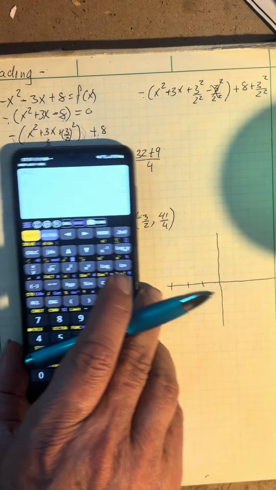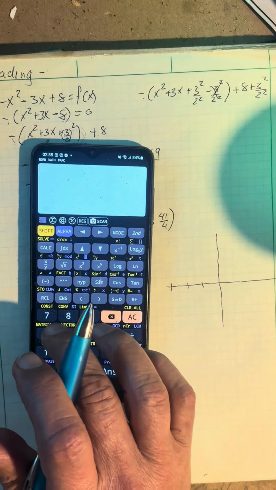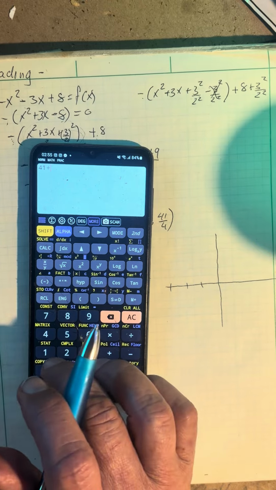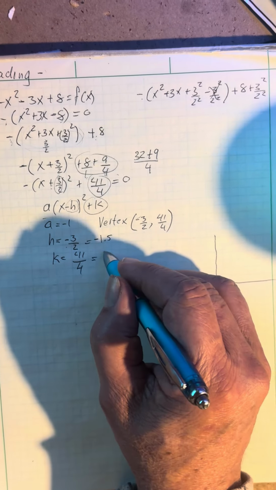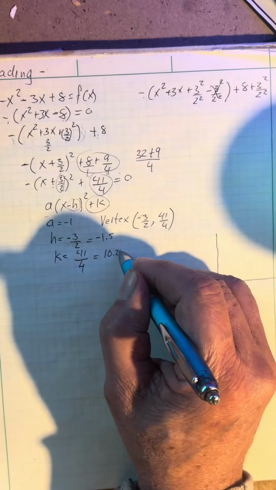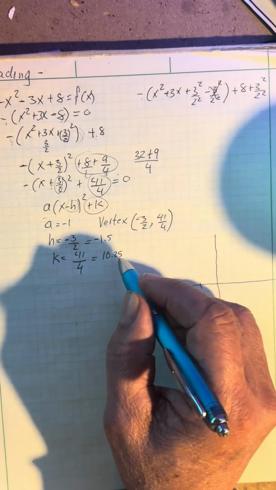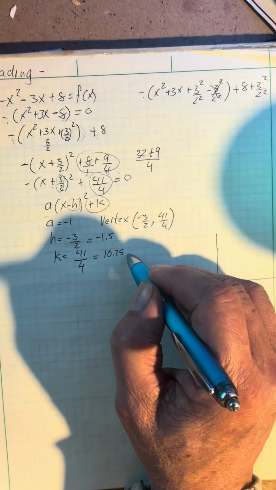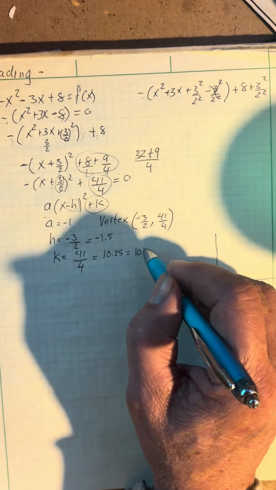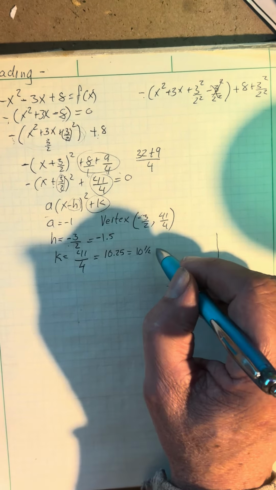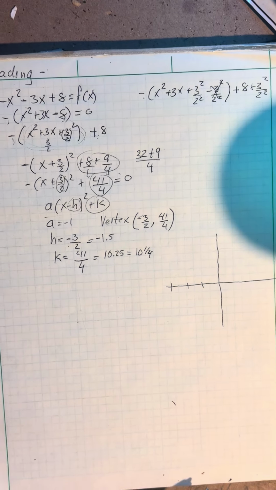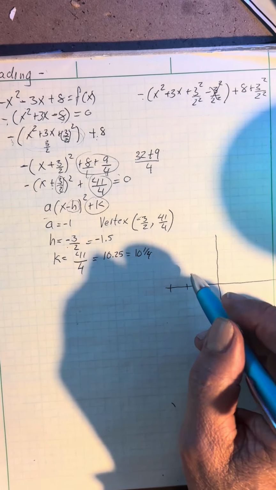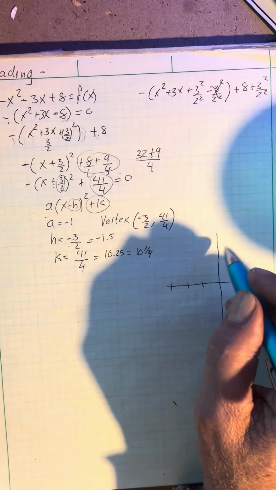And 41 divided by 4 is 10 and a quarter. Same thing.